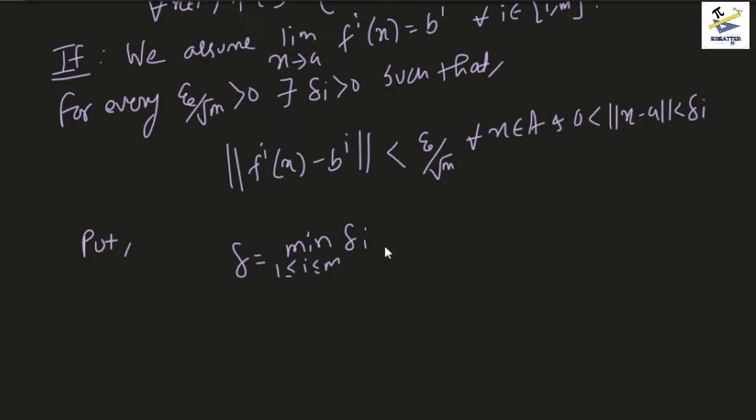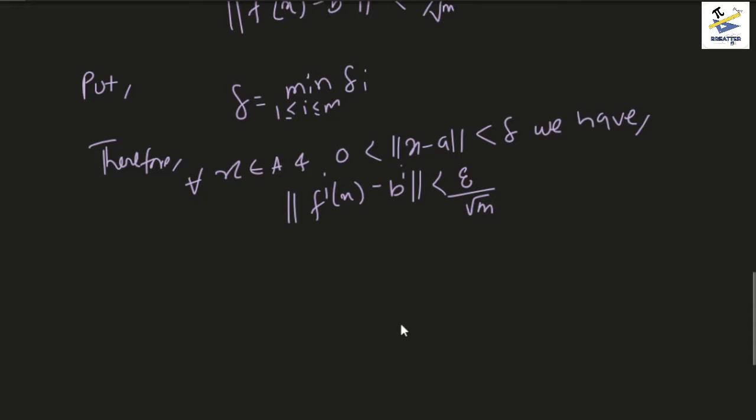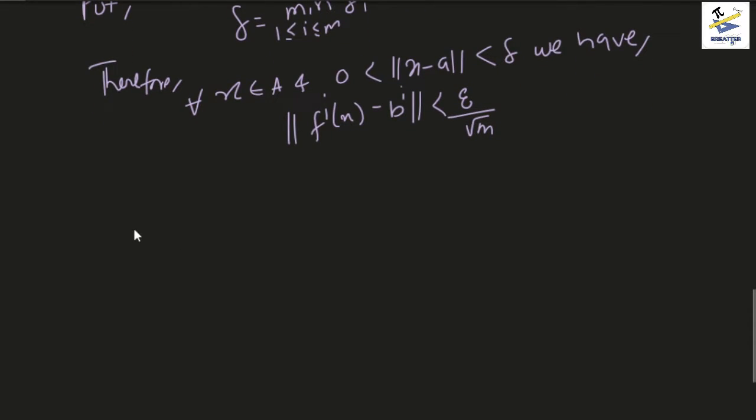And you can say that therefore for all x belonging to A and 0 less than the norm of x minus a less than delta, we have the absolute value of fi(x) minus bi less than epsilon by root m, right? It should be bi actually, bi is a component function. So this means that this norm can be evaluated.